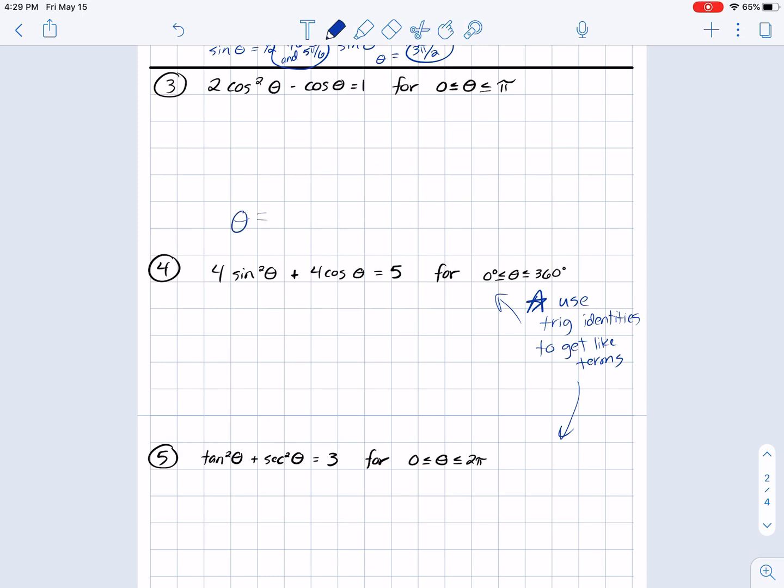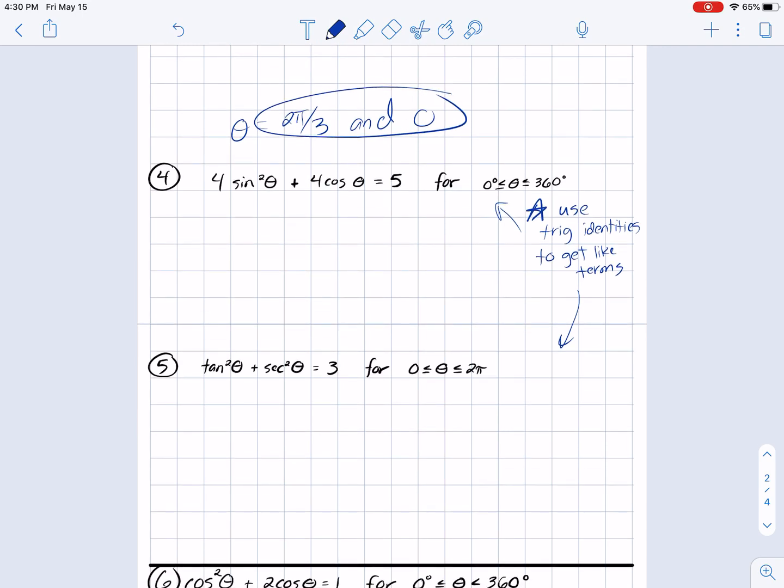Number 3, theta should have equaled 2 pi over 3, and 0 is included, so 0 radians as well for your 2 solutions. For number 4, I'll just kind of show you this first step. You wanted to rewrite sine squared theta as 1 minus cosine squared theta, giving you cosine squared theta plus 4 cosine theta minus 5 equals 0.